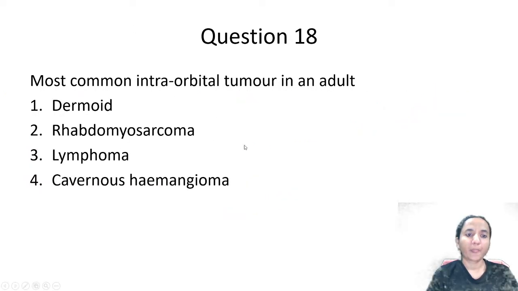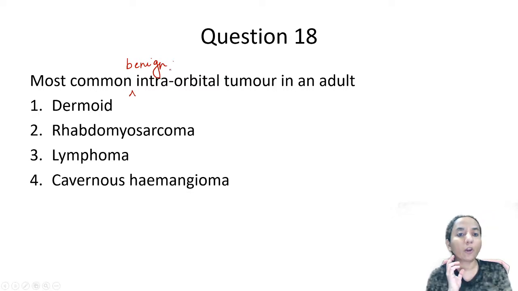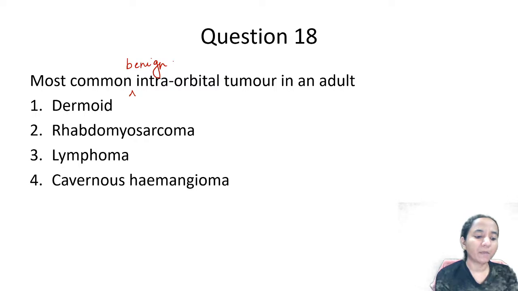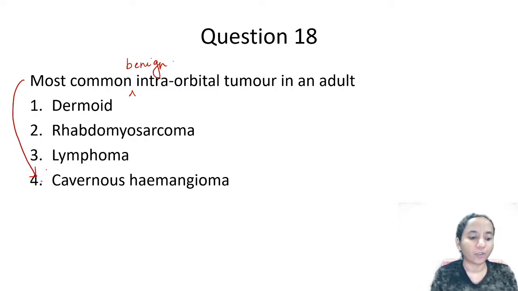Next question. Most common benign intraorbital tumor in an adult. Mind you, I am talking about orbital, not ocular. Correct. Most common benign intraorbital tumor in an adult is cavernous hemangioma.